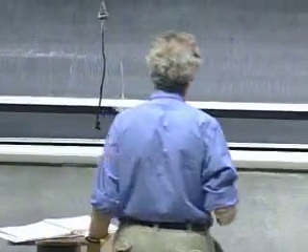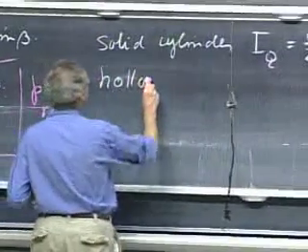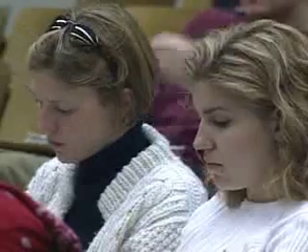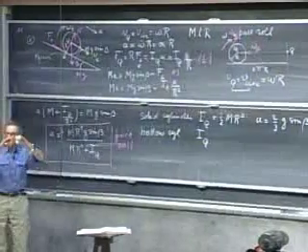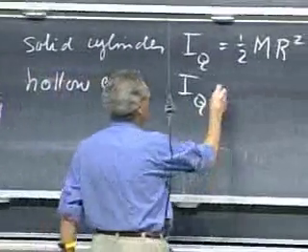You can change anything as long as the two cylinders are solid. That's what matters. So if we take a hollow cylinder, then the moment of inertia about this axis through the center of mass, through Q, if most of the mass is really at the surface, is very close to m r squared.